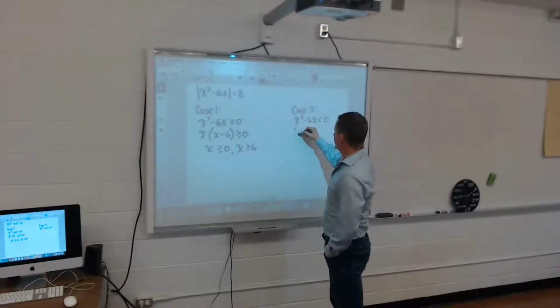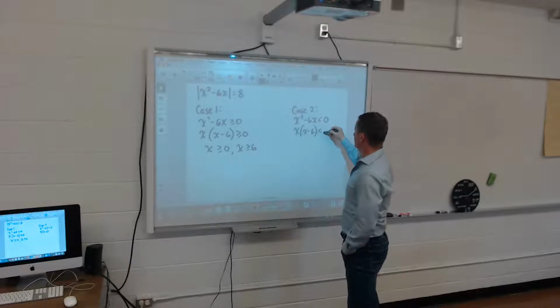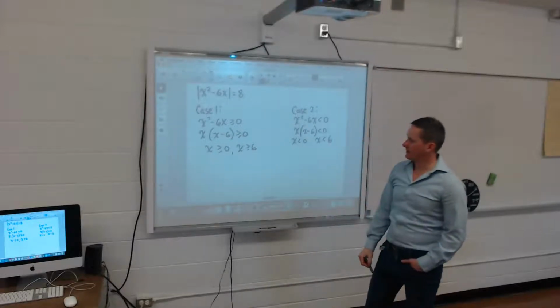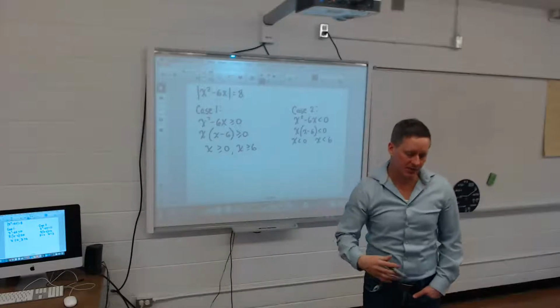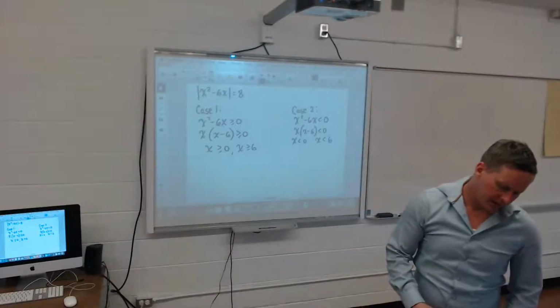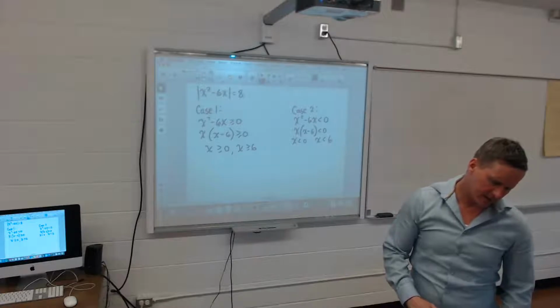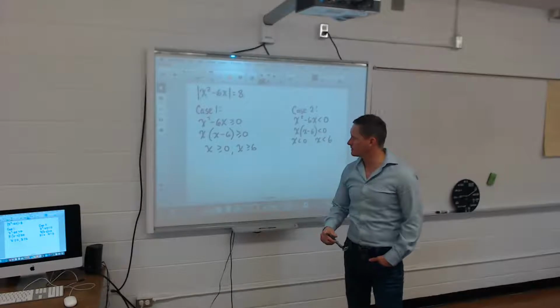Over here, I've got x minus 6 less than 0, x is less than 0, x is less than 6. All right, so my domain, when I solve the question, has to fall somewhere in between those two. So if x is less than or equal to 0, or x is greater than or equal to 6.